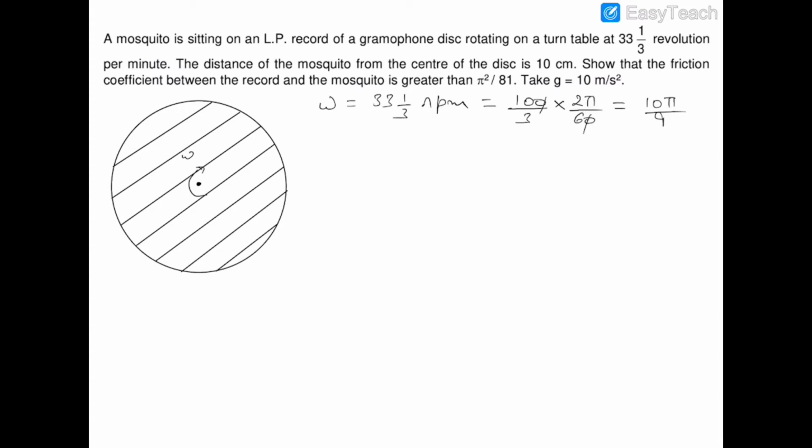Now there is a mosquito sitting at this position. This is the mosquito, and the distance of the mosquito from the center of the disk is 10 centimeters. So this mosquito is revolving in a circle of radius 10 centimeters.